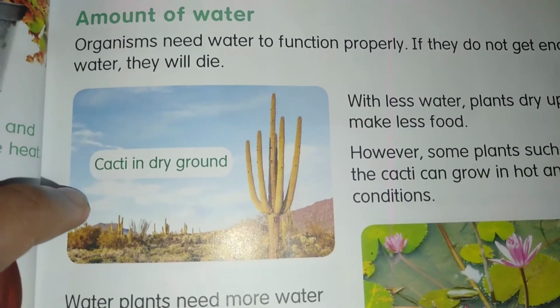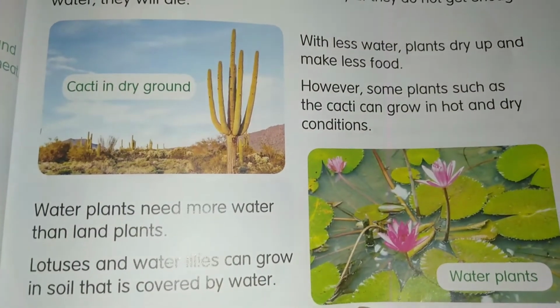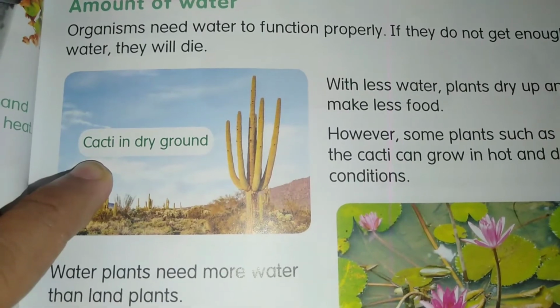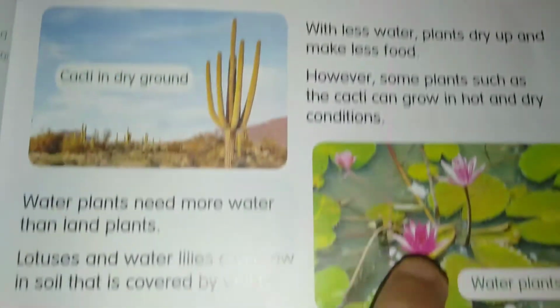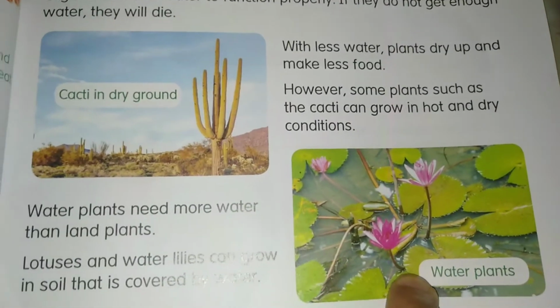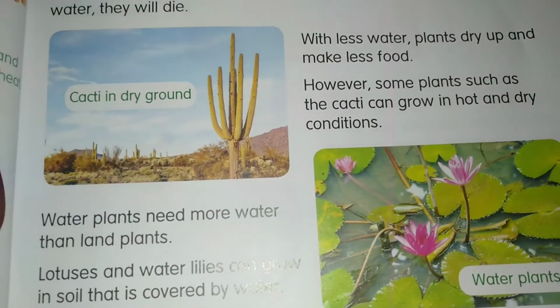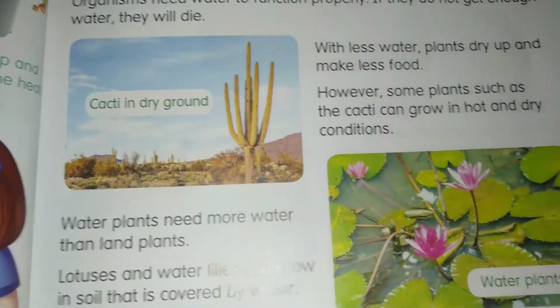So here in the desert and here in the water, if you put the cactus in the water, it will die. But this one, if there's no water, they will die too. So they have their own characteristics and amount of water.